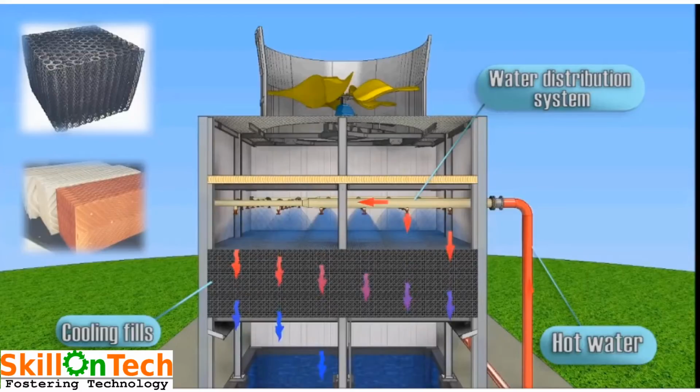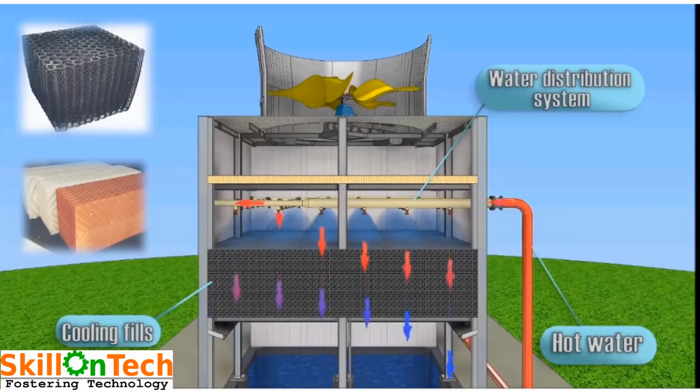The PVC fills are prepared at the site where cooling tower construction is going on. These are made in sections, and the sections of PVC fills are fixed in the cooling tower over FRP structural supports.